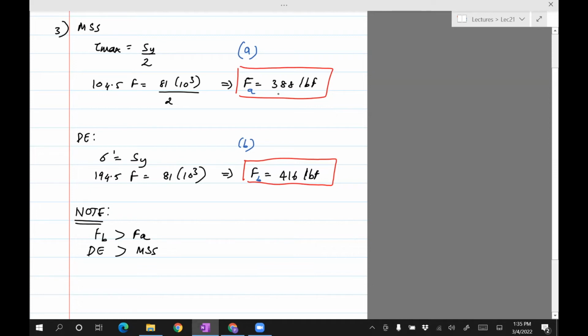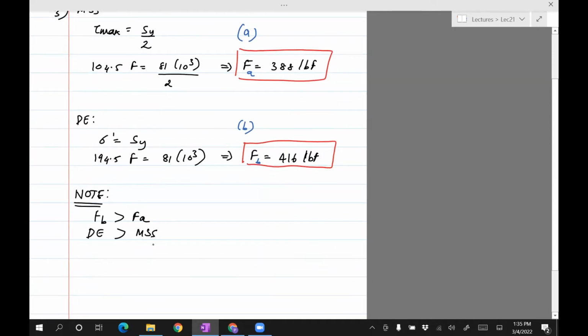And that's why DE is less conservative and MSS is more conservative. Okay, so we did it in 3 parts. We just have to use the same recipe for pretty much every problem. I'll have another problem where we're doing it for another loading case and see how that goes.